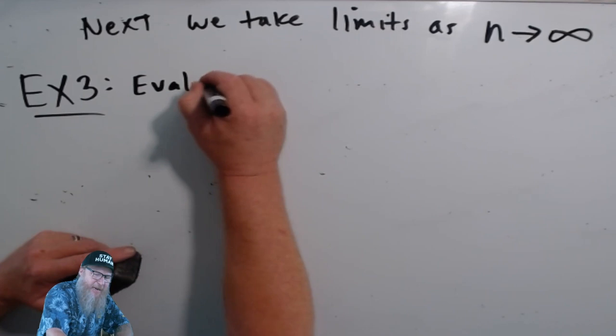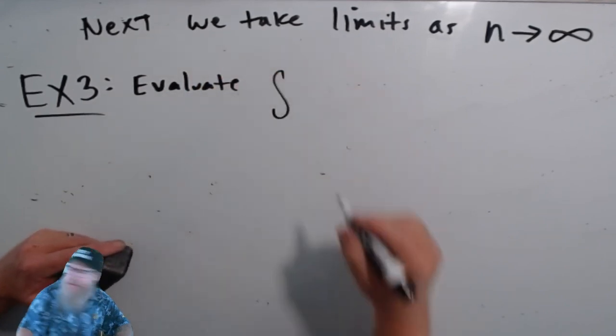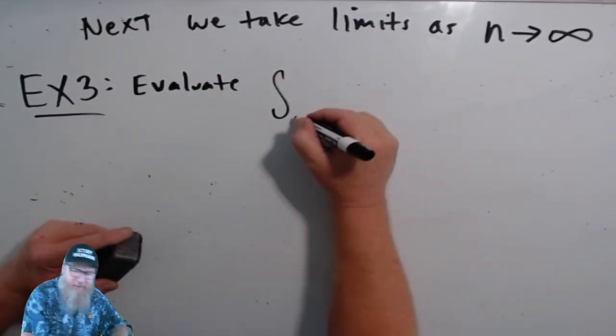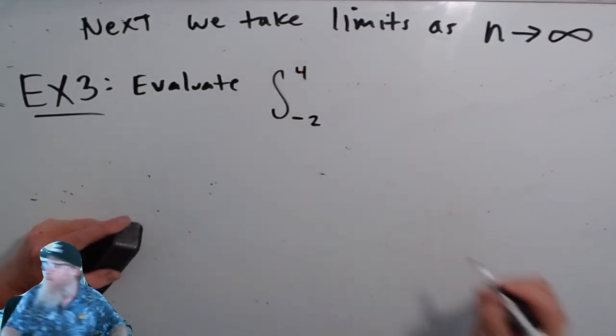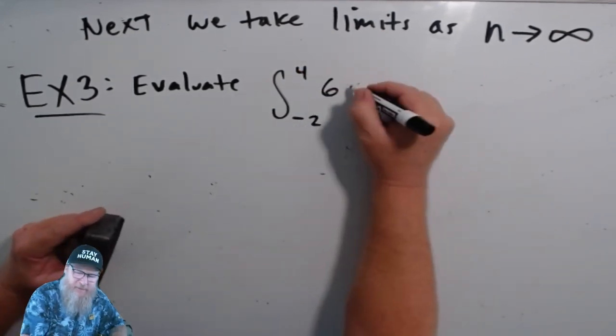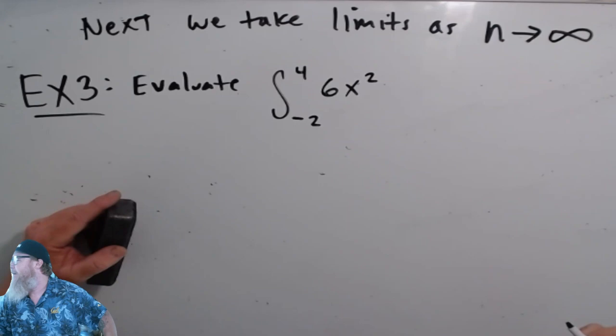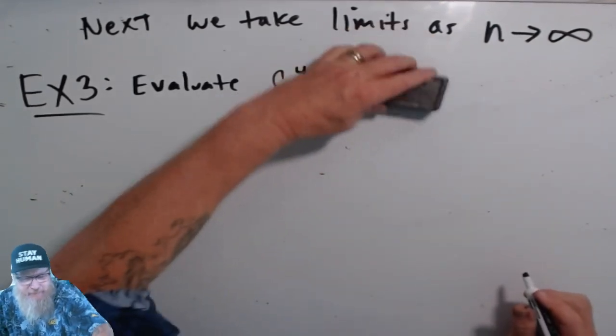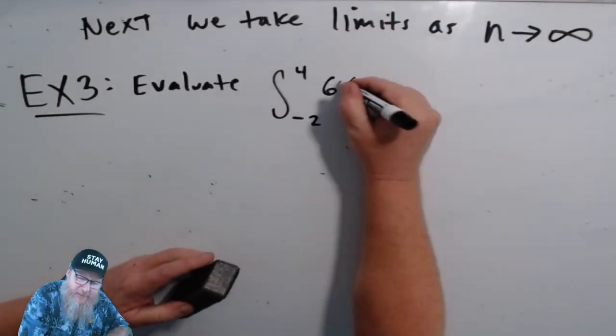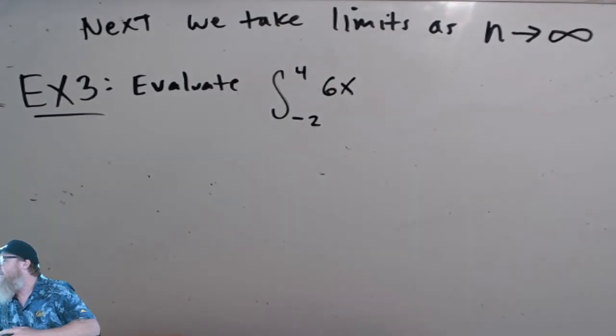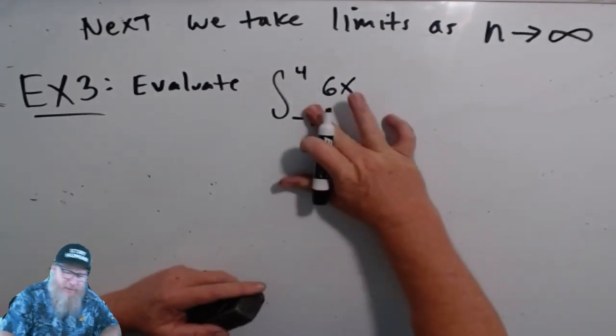So evaluate the definite integral from -2 to 4 of 6x squared. Oh, sorry, no. Just 6x, not 6x squared. I apologize.